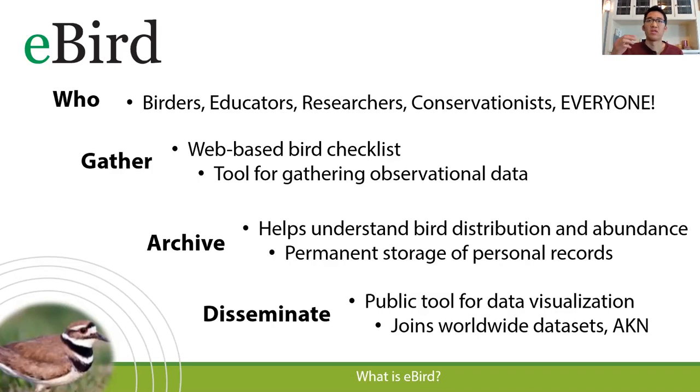So to know that your data is going somewhere to contribute to these things is, in my opinion, a great reason to get started with eBird, and even to get into birding now, at this time and age when you have the time to look in your backyard and stuff like that.